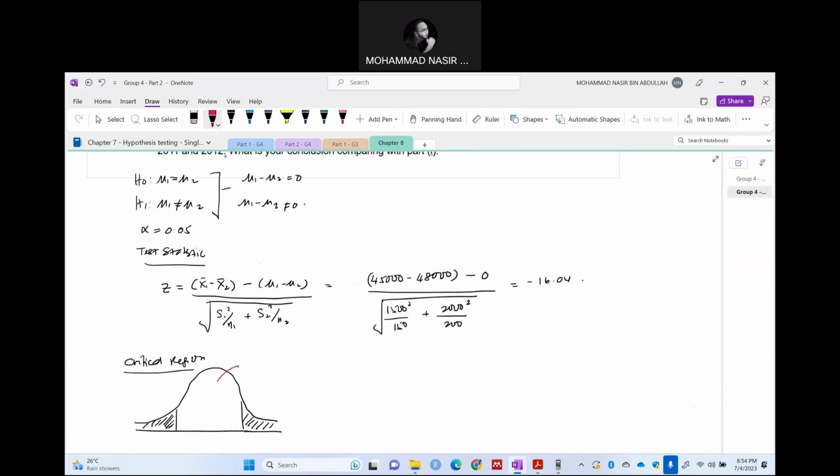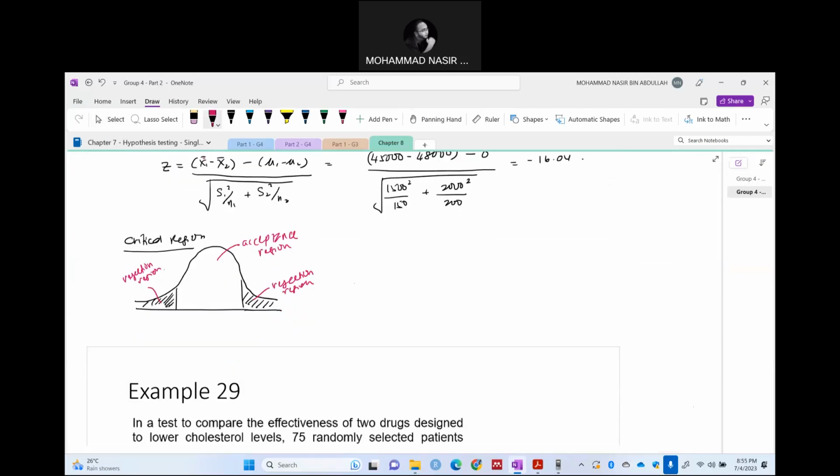So the critical values are negative Z alpha divided by 2 and Z alpha divided by 2.